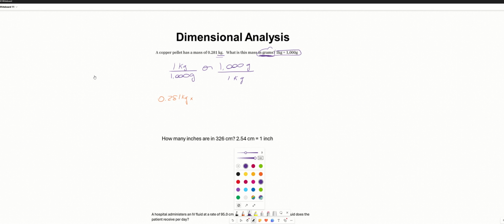I need to cancel kilogram and I want my result in grams, so use the unit: 1000 grams per 1 kilogram. So I can cancel this and I will have 281 grams.